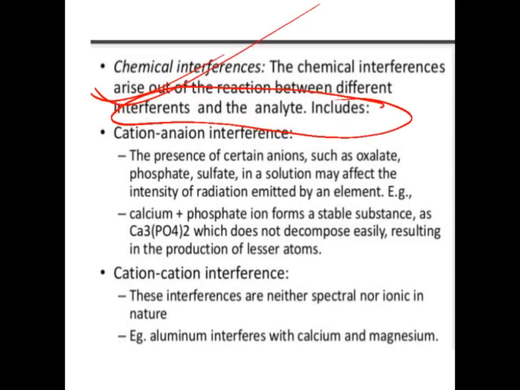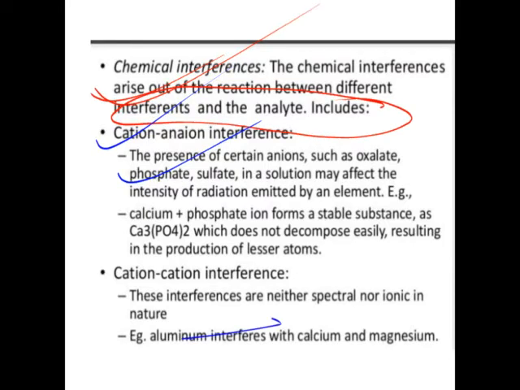And what all does it include? Cation and anion interference. The presence of certain anions such as oxalate, phosphate, sulfate. Anions means negatively charged species. When such negatively charged species are present in a solution, they affect the intensity of radiation emitted by elements.